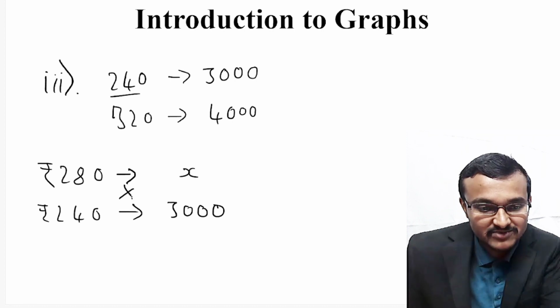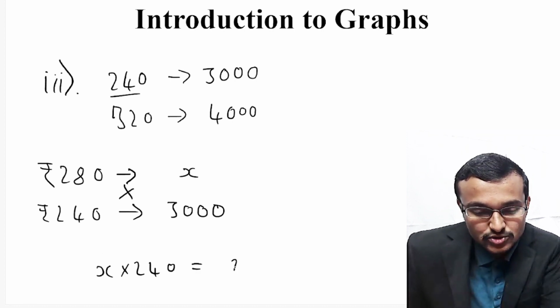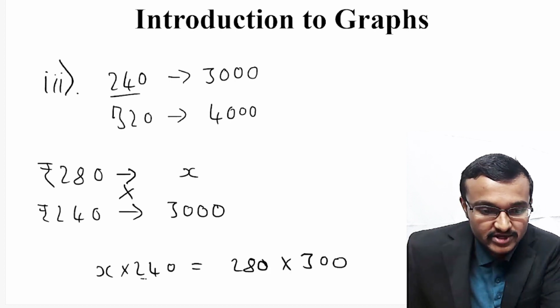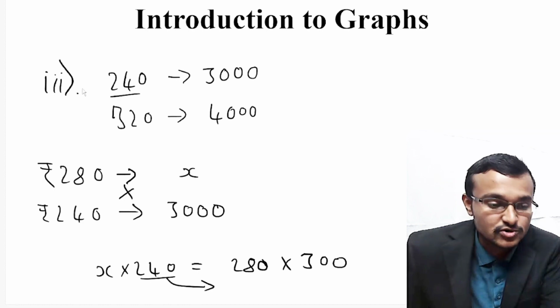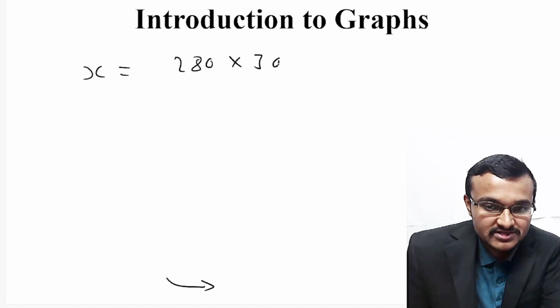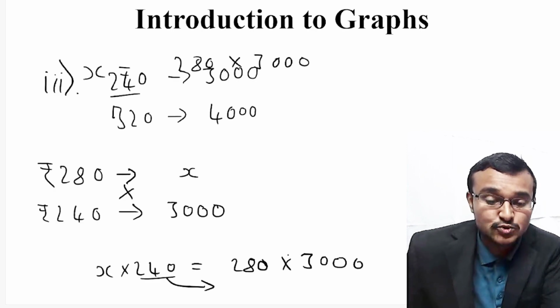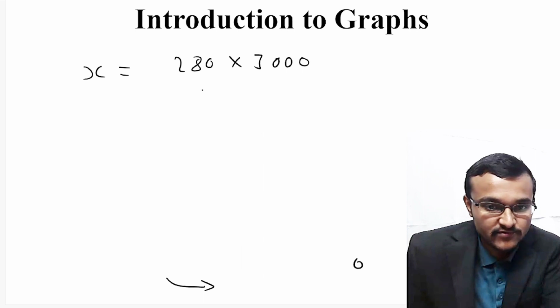Now you can cross multiply this. So x into 240 is equal to 280 into 3000. Now you can bring this 240 to the RHS. So x is equal to 280 into 3000 divided by 240.